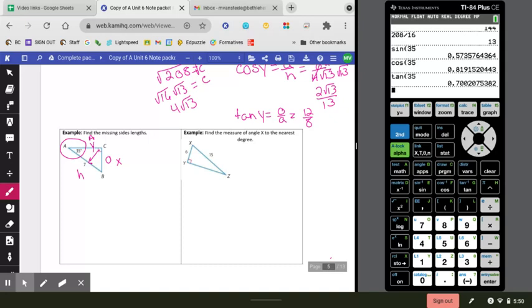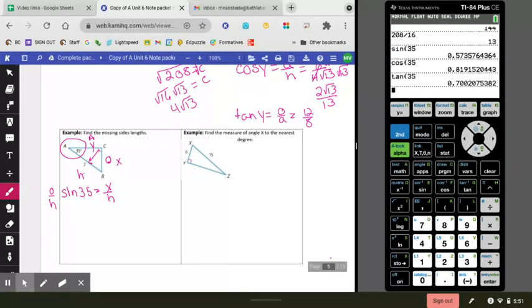To find X, X is my opposite side, and I know my hypotenuse. The ratio that uses opposite and hypotenuse is sine. So I'm going to say the sine of 35, because that's my angle measure, equals X over H, because sine is opposite over hypotenuse.